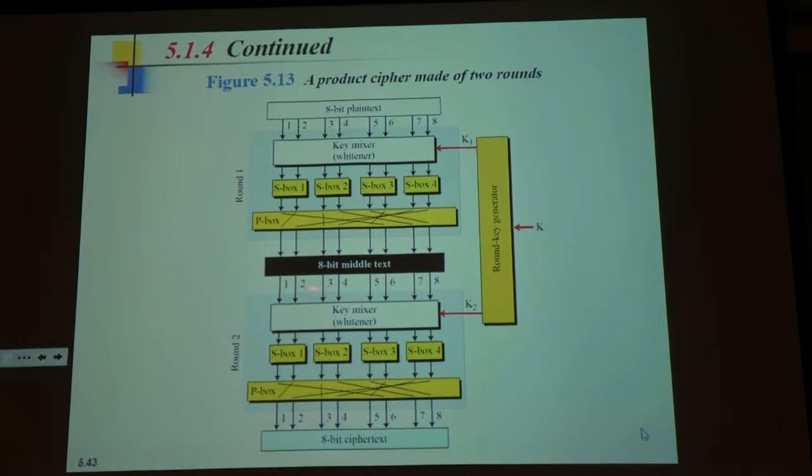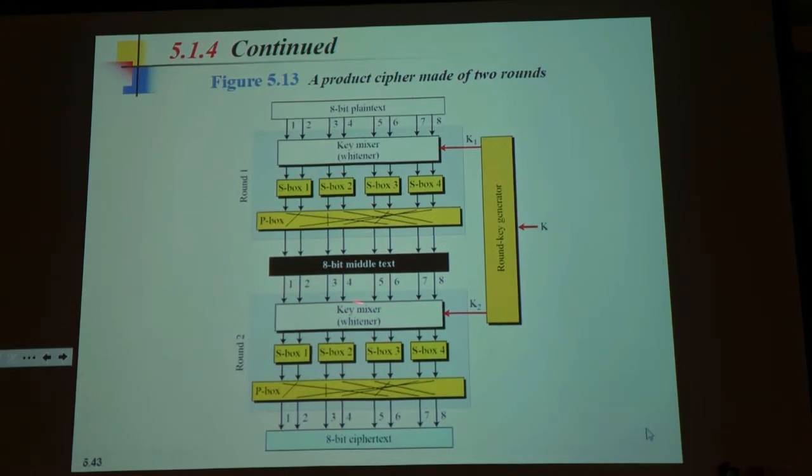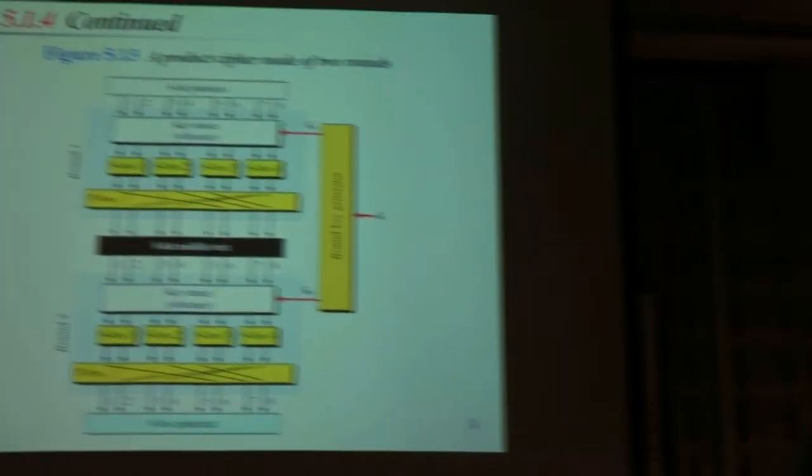This middle text becomes the input for the second round. So it's gonna go to the whitener, to the S boxes, to the P box, and we're gonna get the ciphertext. What we did here is like you have a blender: you put banana, apple, orange, watermelon, all the fruits, press the button, and blend it together.